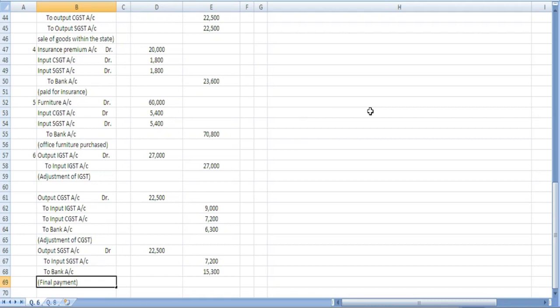So here what we have done, now you notice this 6 and this 3 part of the journal.